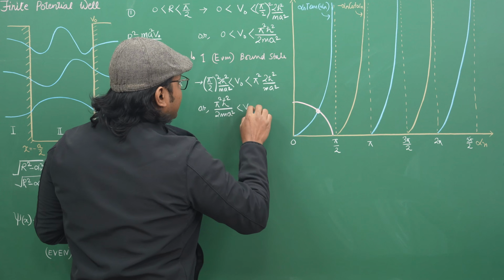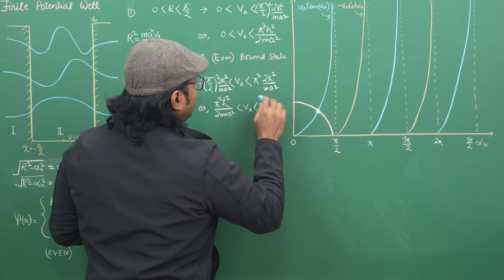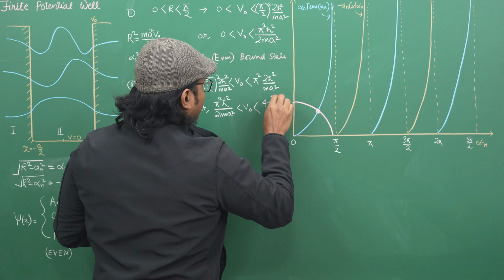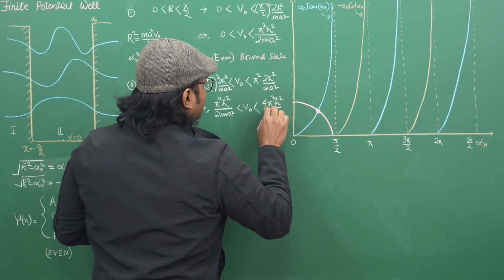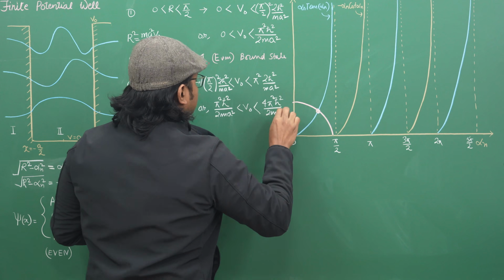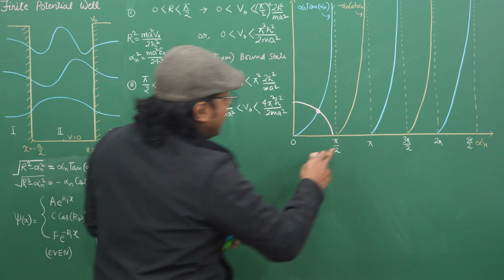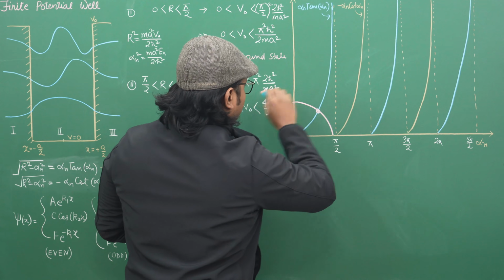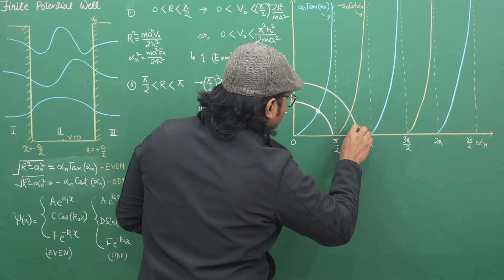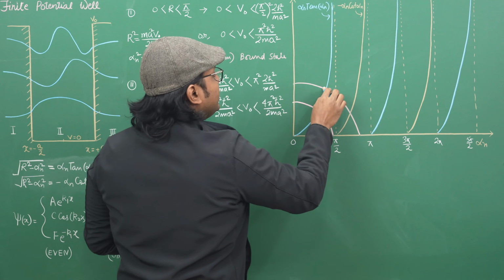If V0 is greater than this but less than 4 pi square h cross square upon 2ma square, which corresponds to r going from pi by 2 to pi, then I might have a circle that looks like this, which by the way has two intersecting points.